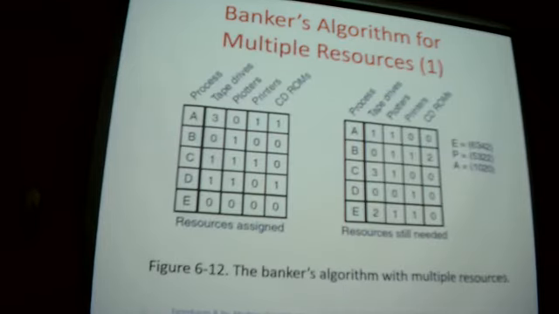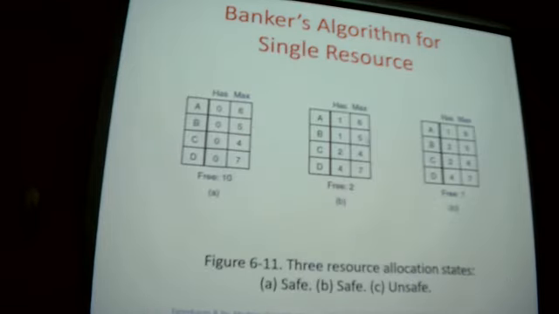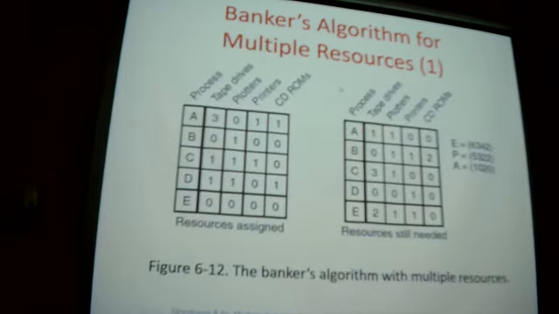Next. This algorithm is for a single resource, and this one is for multiple resources. We just see that there are multiple bankers, and a customer can request money from one banker and can also request from another banker.